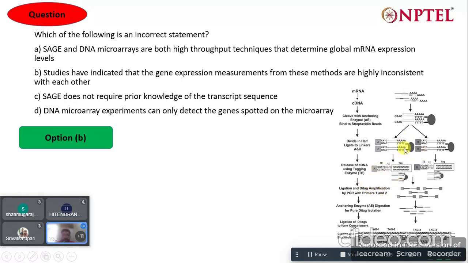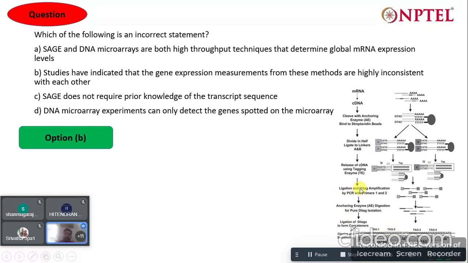So after that we take tags from two beads, and then we ligate them, and then we religate them, and that forms a ditag. And using the ditag we amplify using different primers for the adapters. And after that we usually form a concatemer, and we clone into a vector and then sequence it.